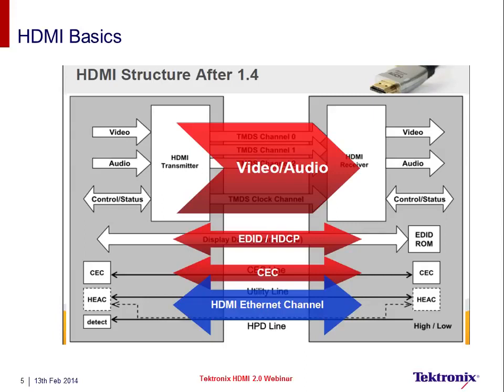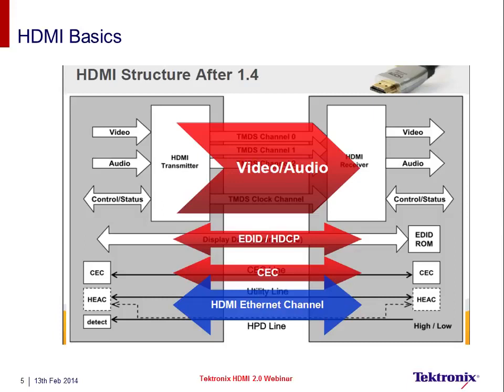HDMI also has the low-speed handshaking bus, also known as the EDID bus, plus the encryption, which became very popular amongst the content providers to make HDMI the success story of the last decade.